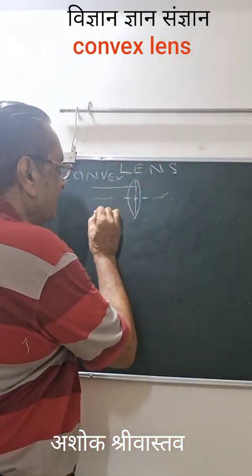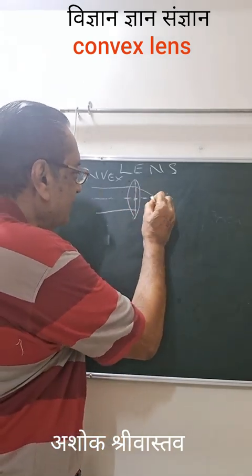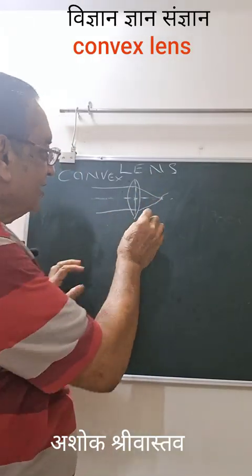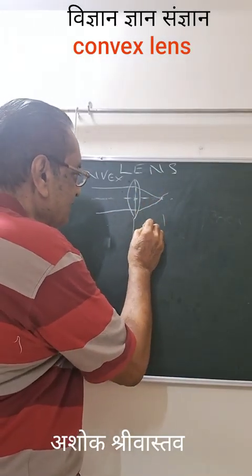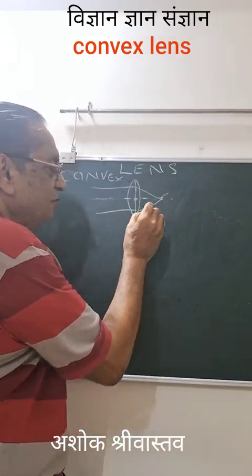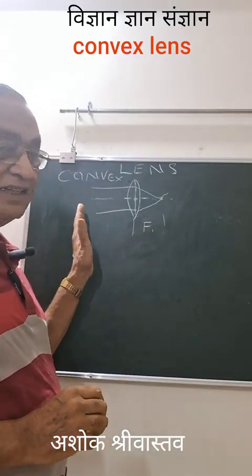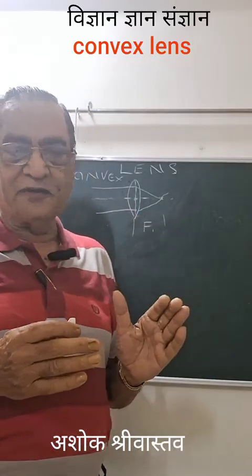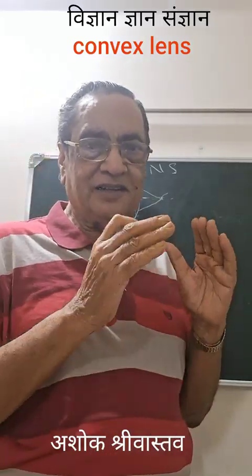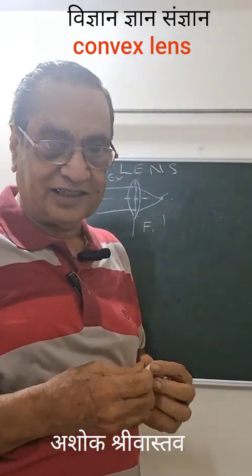When parallel light comes and passes through the lens, it converges to a point at a certain distance, and this distance is called F, or the focal distance. F is the focal distance where light from infinity, when it comes, becomes focused at a point.